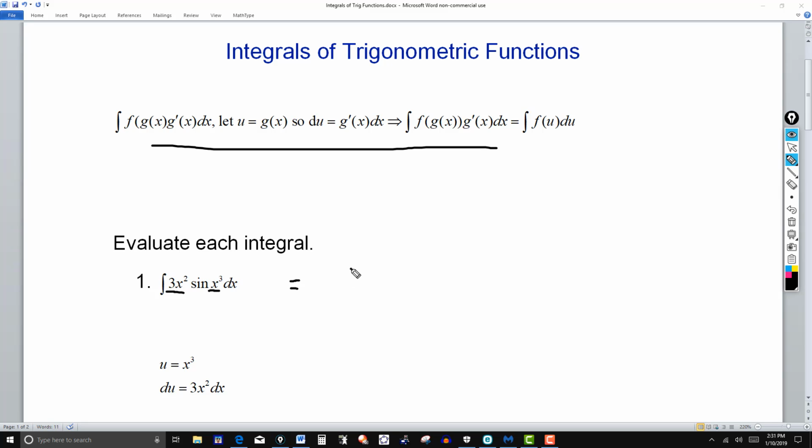So write this as the integral of sine, and then we're just going to make the substitutions. x cubed can be replaced by u, so this is just sine u. And then 3x squared dx, if you look at this product right there, I have it right here, is du.